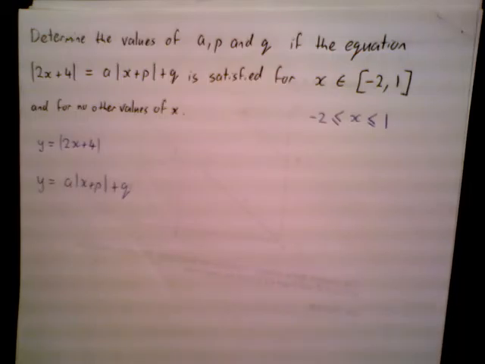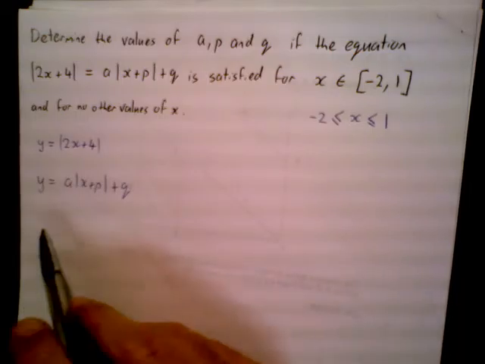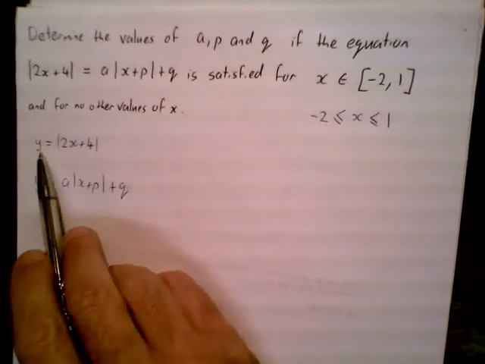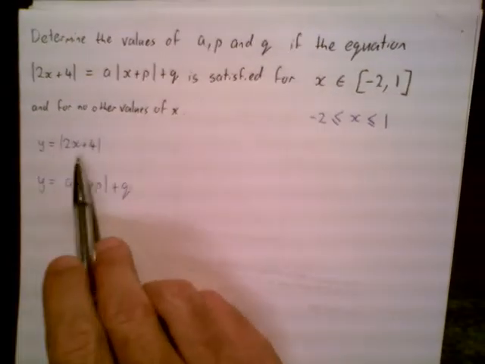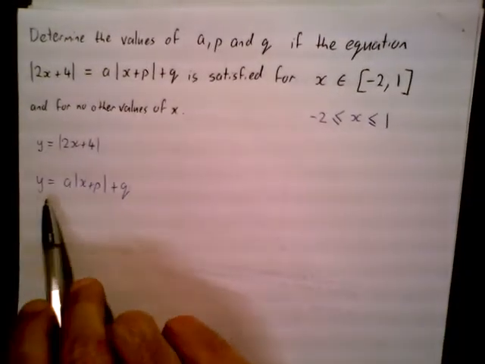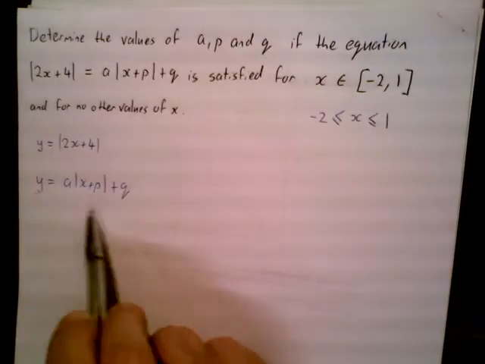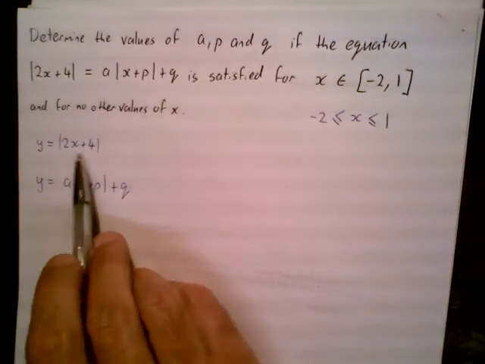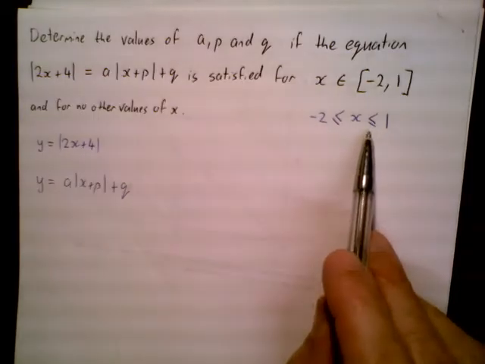Now I guess the trick with this question is that, first of all, this can be quite easily graphed. And then we're trying to find these values of a, p and q such that the graph of this function will overlay this graph in those values only.